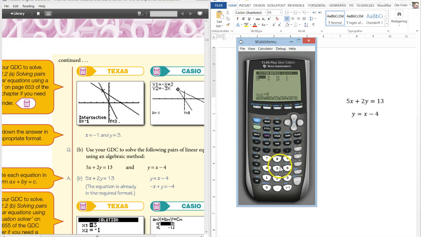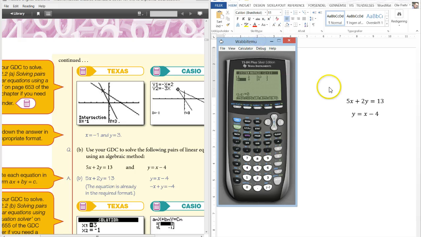So for this equation I press 5, I have 5 in front of the x, from the y I have 2, and on the other side of the equal sign I have 13, like that. For the next equation, we need the x's on the same spot, so to speak.